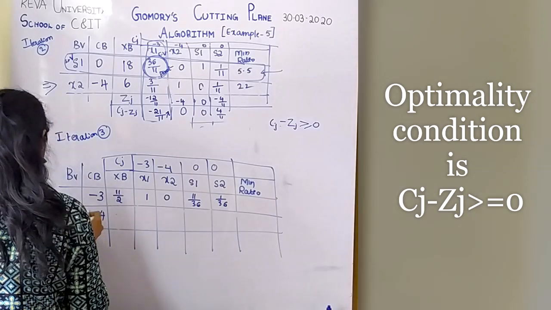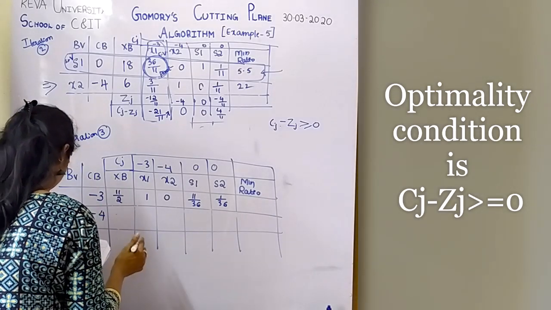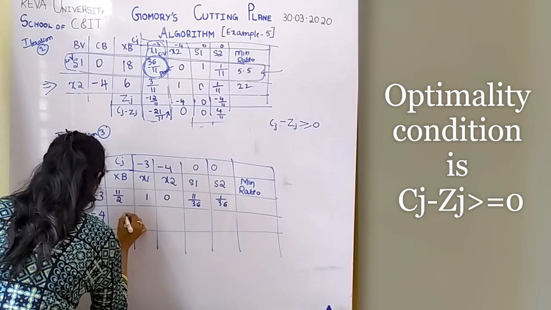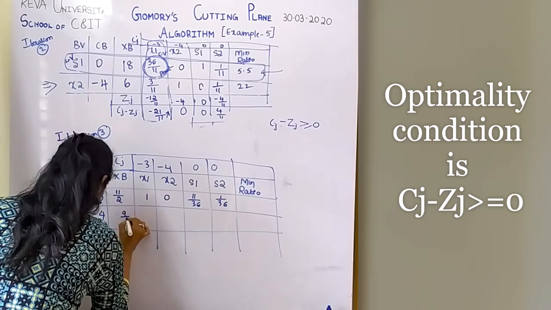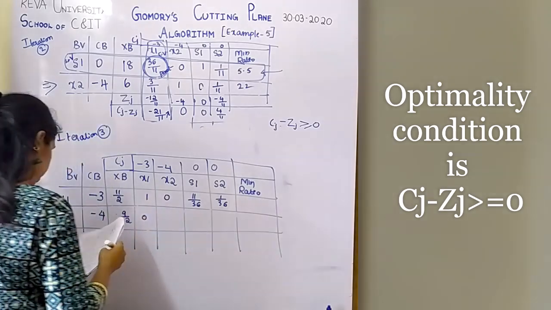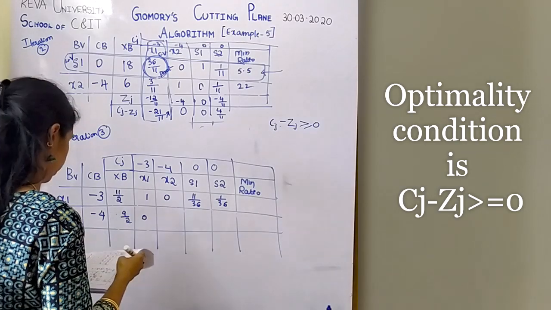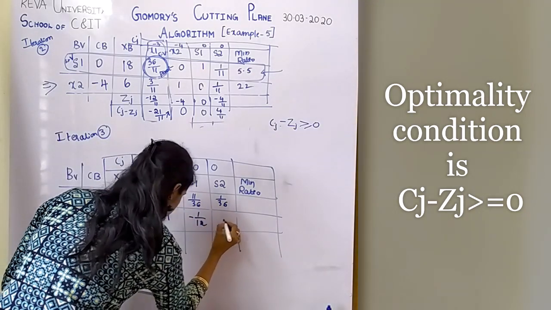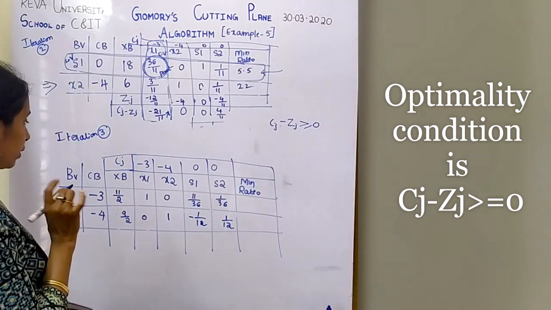And here 9 by 2, 0, 1, minus 1 by 12, 1 by 12. So you will get the values like this.